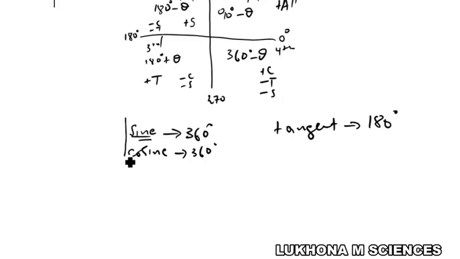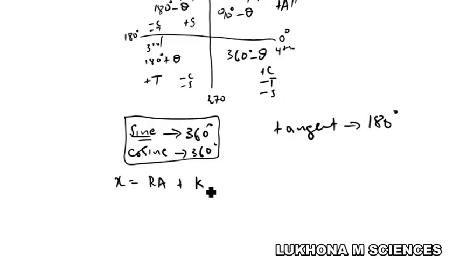Meaning that if you are dealing with the function of cos or sine, your general solution will be x is equal to, it will depend, let's say, reference angle plus k times 360, where k is an element of the integers.